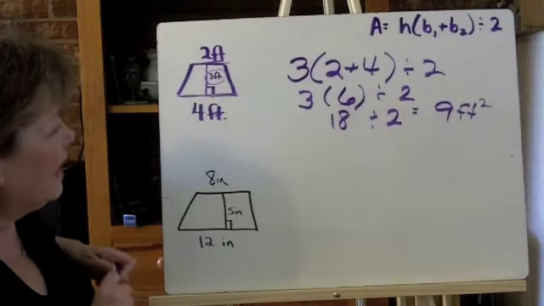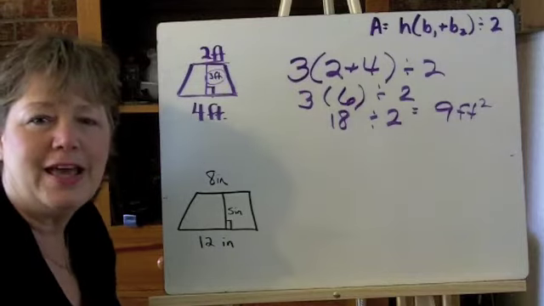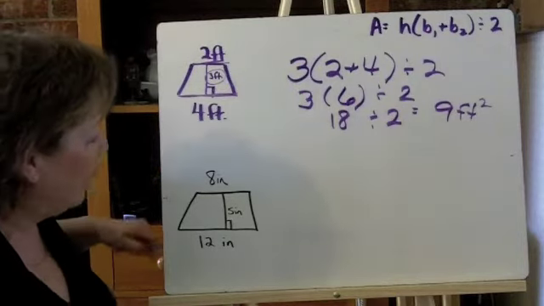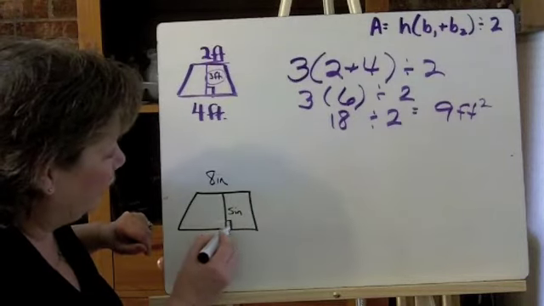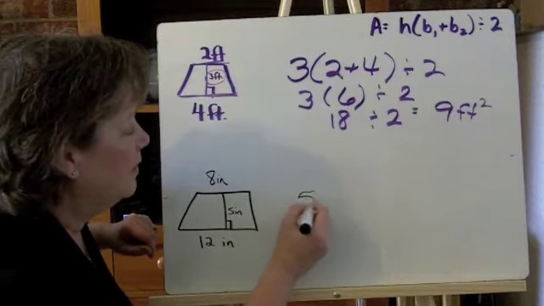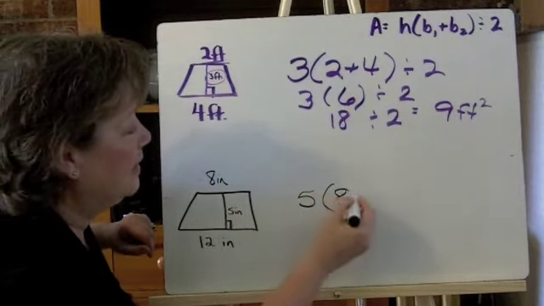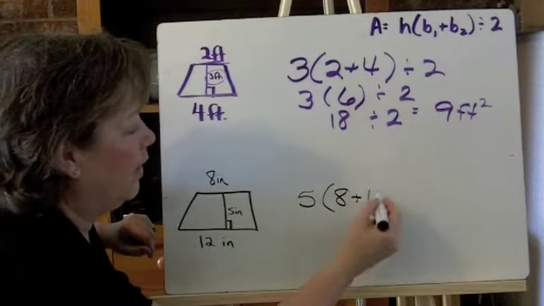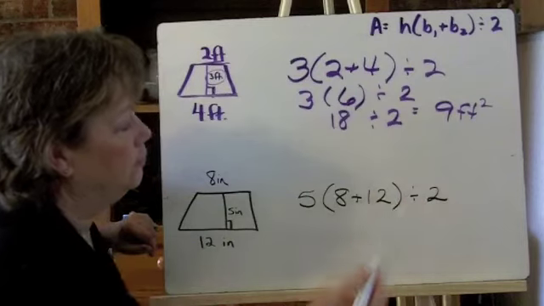So let's look at this second example. The same thing, we're just plugging in our numbers and solving it. So I need to figure out the height. Height is where the right angle is, and that symbol shows me right angle, so that's 5 inches. So 5 inches, and one base is 8, another base is 12, and then I'm going to divide it by 2.